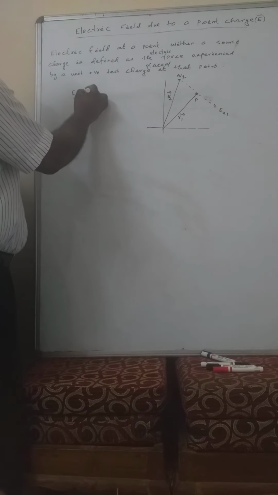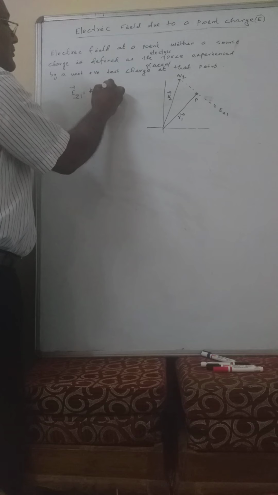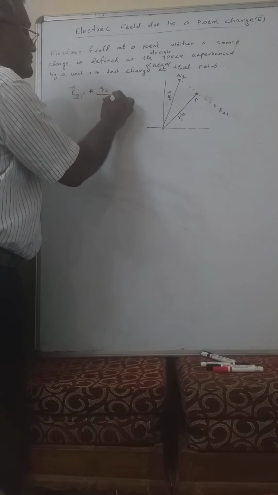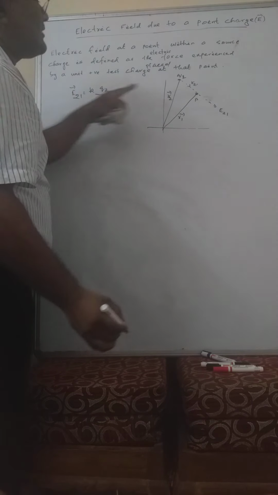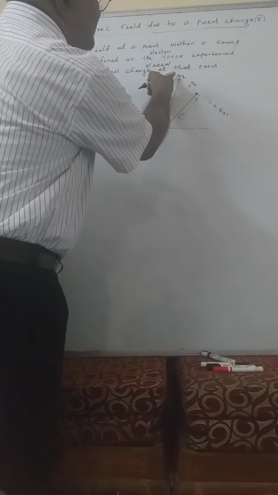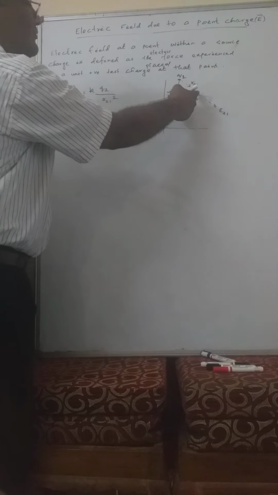The answer will be E21 is equal to K Q2 by r21 square, and this vector will be r21. Why is it r21? Because the direction is towards the point P.